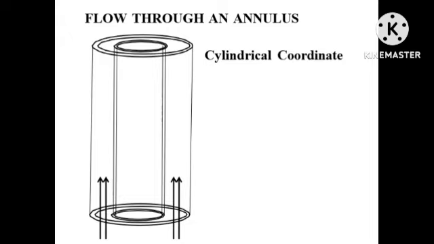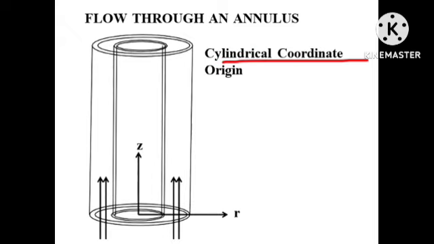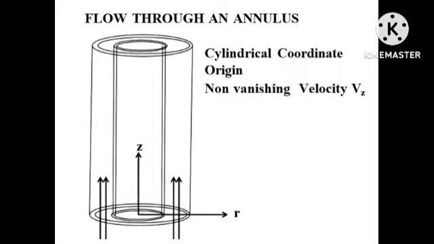It is called a cylindrical coordinate. Now, cylindrical coordinate origin. This will go as an r-axis and this will go as a z-axis. Now, flow through an annulus, we will see that the non-vanishing velocity will be Vz.